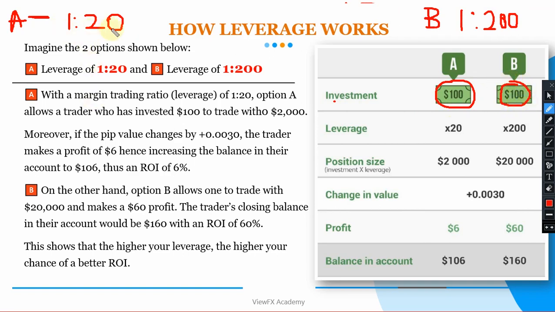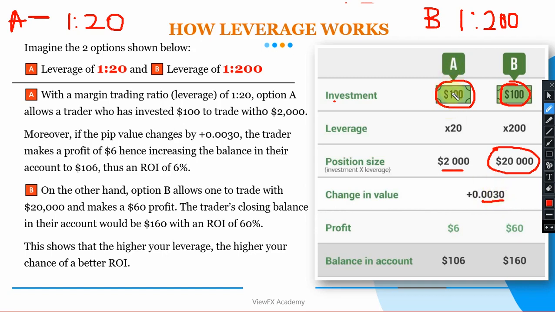That of A is 20, so your investment is going to multiply by 20, which gives 2,000. And that of B is 200, so it's going to be multiplied by the investment, which is 20,000. So as soon as you enter the market, this is the amount that you're going to use to trade. Then if you make such as 30 pips, I believe you now understand this. This is 30 pips.